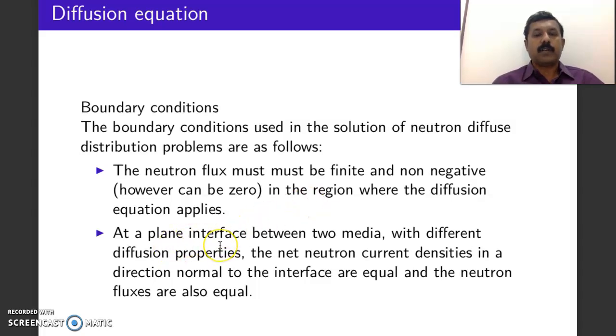And at the plane of interface between two media, if there is more than one medium in the region where this diffusion equation is applied, then we take the net neutron current densities normal to the direction of the interface to be equal. We'll discuss this in more detail, and we also assume that the fluxes are equal on either side. This is when you have interfaces.